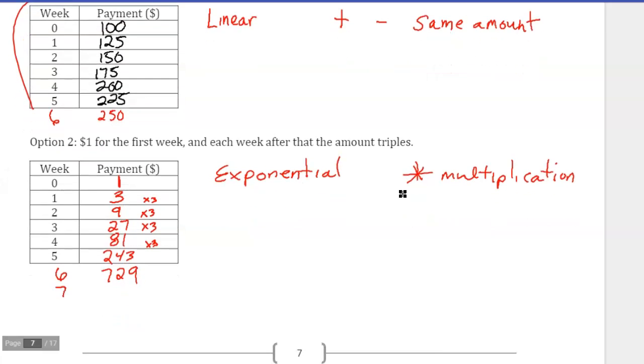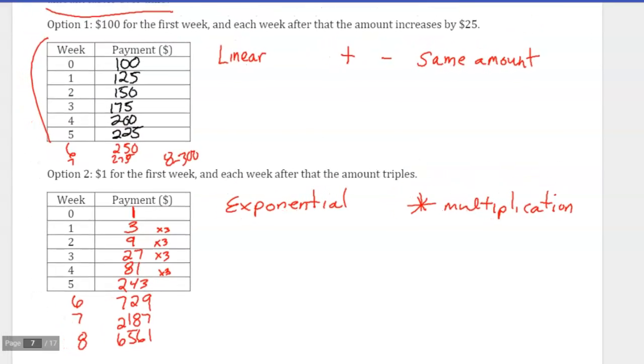And then if I went one step further, I'd be at 2,187 and 6561 in 8 weeks. In 8 weeks here, I would be at a measly $300 just by adding 25.